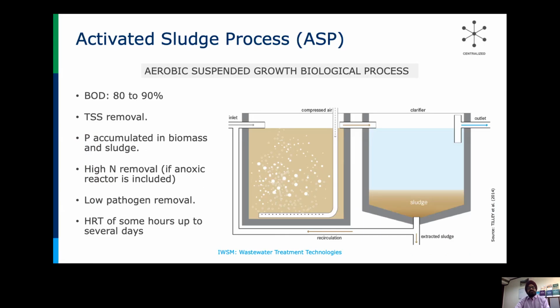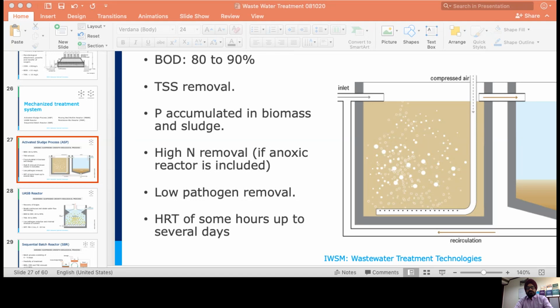So the activated sludge process is called an aerobic suspended growth biological process precisely because of the suspended growth in the tank.